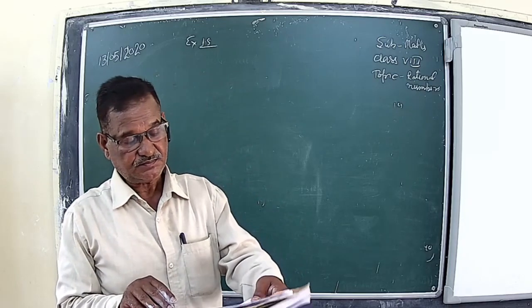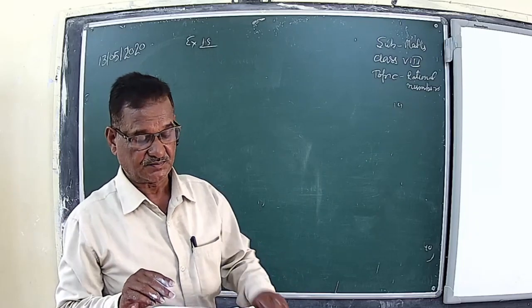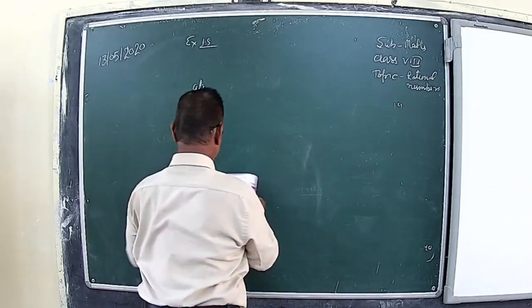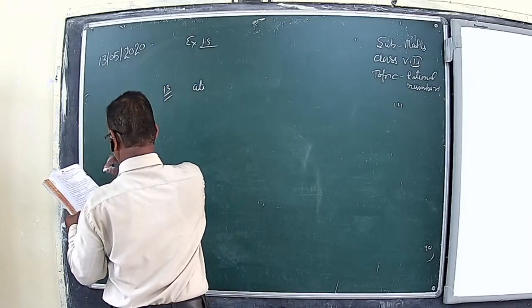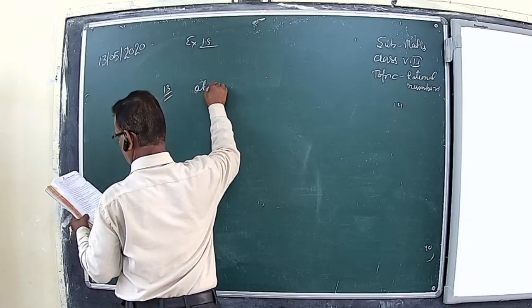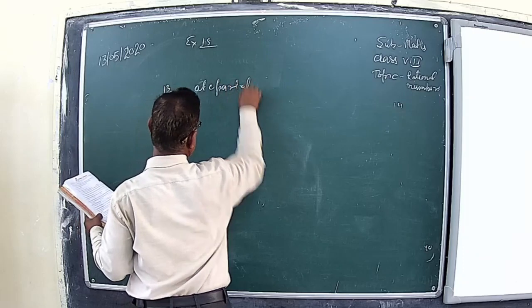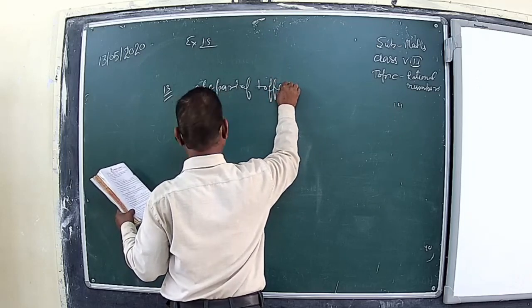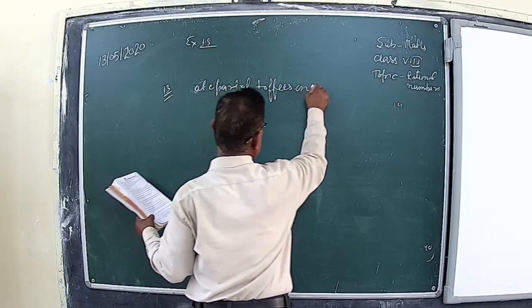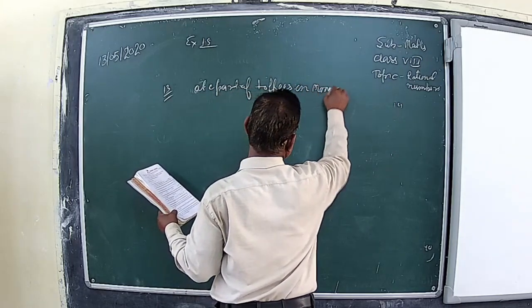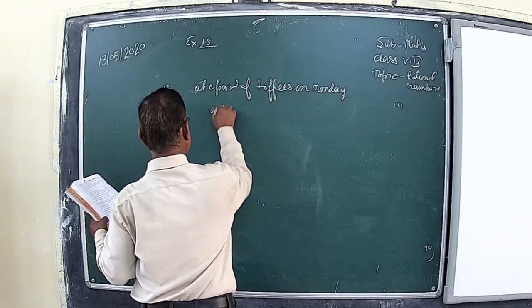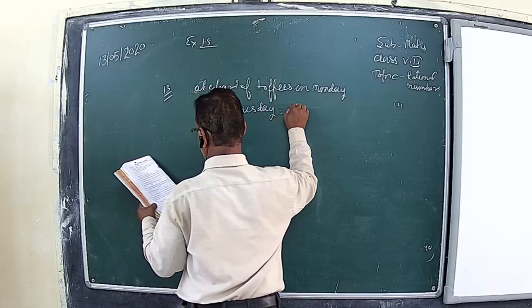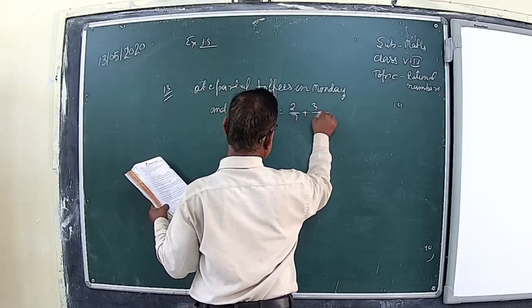Question number 13. The part of toffees eaten on Monday and Tuesday is equal to 2/7 plus 3/11.